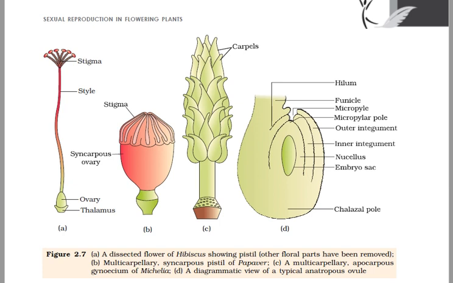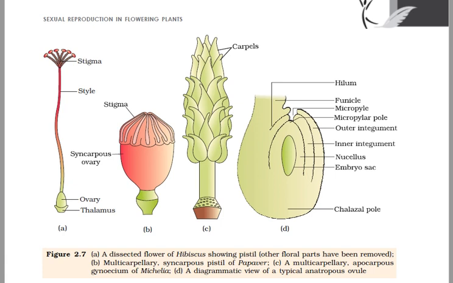Placenta bears one to many ovules called megasporangia. Ovules in an ovary may be one, for example wheat, paddy meaning rice, mango, etc. Or they can be many like in papaya, watermelon, orchids, etc.